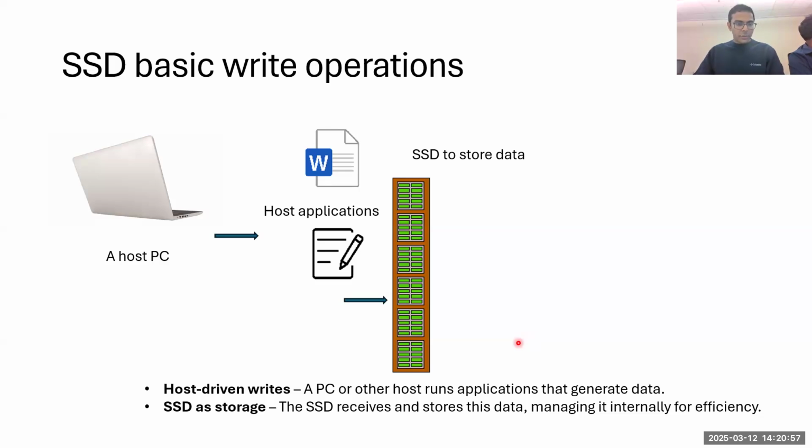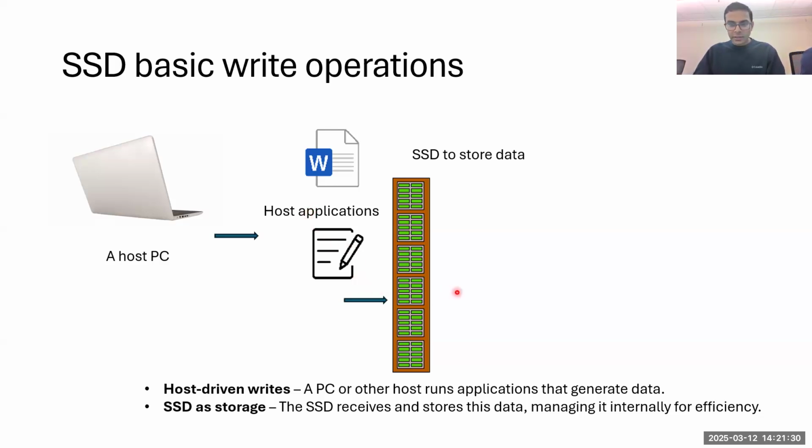So now let's look at some of the SSD operations in general, and then look at some challenges. When we think about data storage, it all starts with the host device. As shown here in this example, that'll be a host PC, or let's say a smartphone with an SSD, or a server. These devices would run applications, and those applications will generate and request data. When you save a file, for example, or install software or even browse the web, the system needs to store and retrieve data.